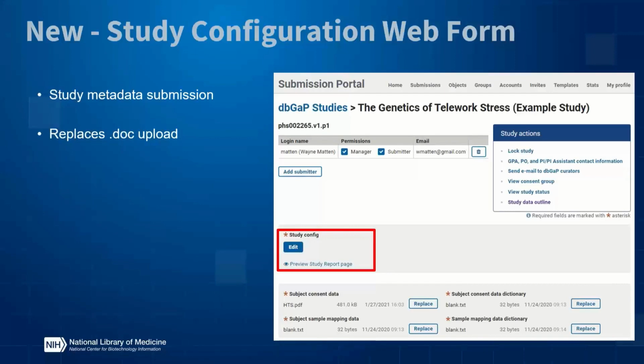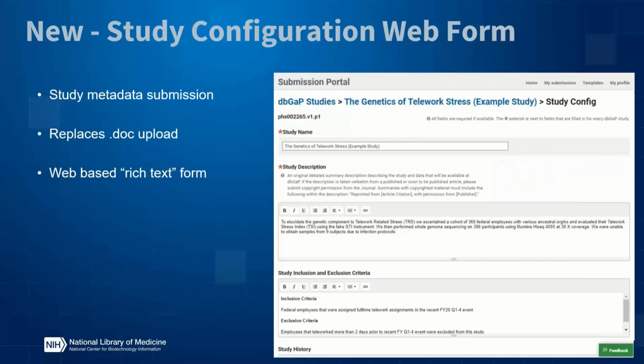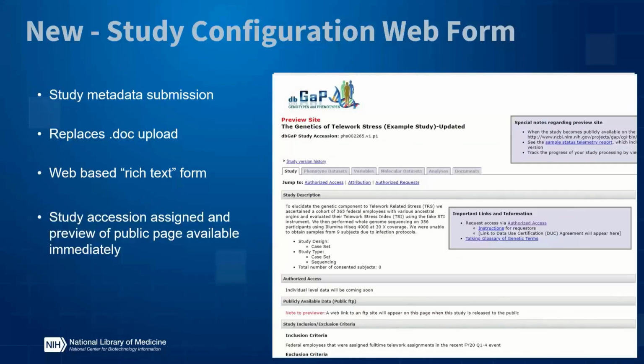We've now replaced that Word doc with a web-based rich text form that allows you to enter all the information that was previously entered in the Word document to the site directly. And this improvement actually provides a way for the study accession to be assigned as soon as the submitter is engaged with dbGaP, and it also allows a public preview of the public page right after the form is completed.